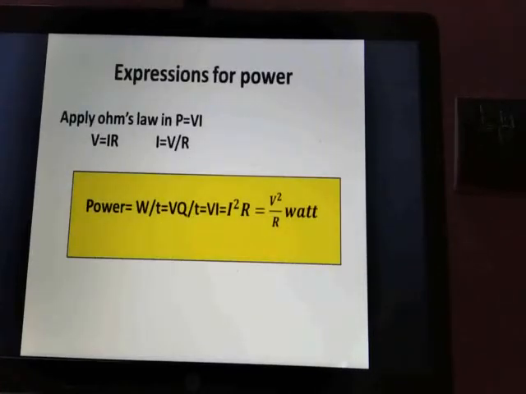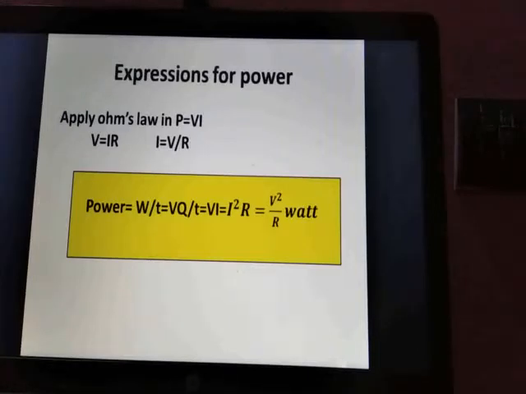Expression for power. For power you can use many equations. The first equation is power P is equal to VI. When we substitute Ohm's law, V is equal to IR and I is equal to V by R, there are different kinds of equations.